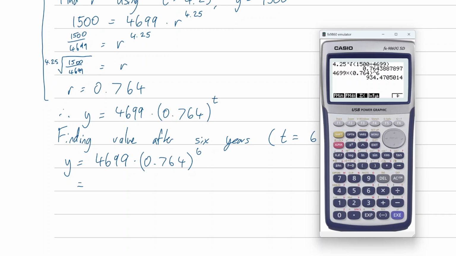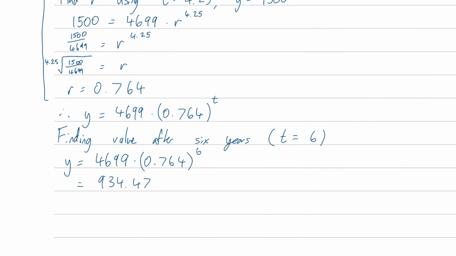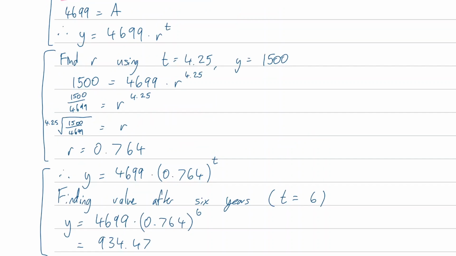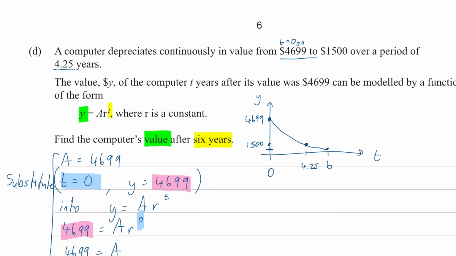So that looks about right. So after 6 years, the computer will have a value of $934.47. So maybe don't sell it, just hold on to it forever.